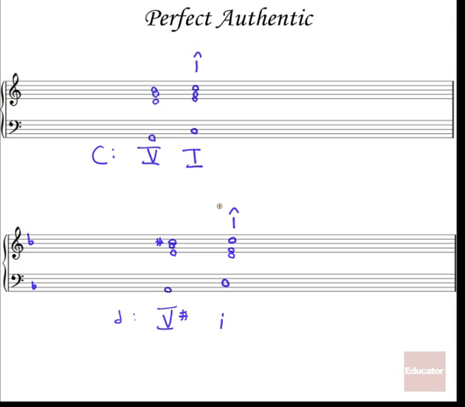Oh no, it doesn't. Let's see. I forgot to keep the common tone. So there's that, A staying with A, and the E goes up a half step to F, and this looks like a C, but it's a D. So there's the perfect authentic cadence, one in major, one in minor.